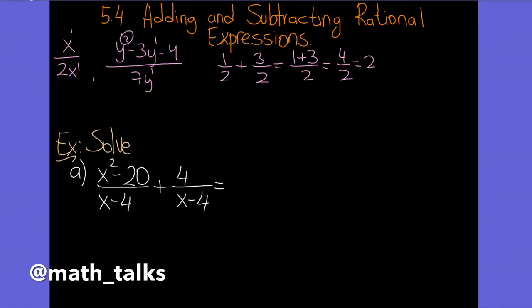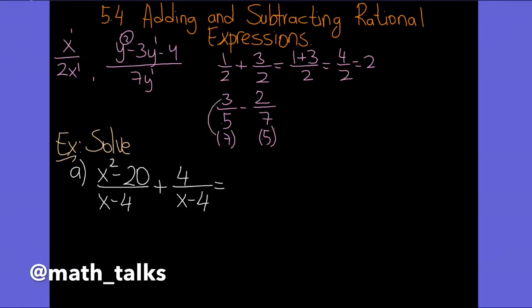The result will be 2. If there was 3 over 5 minus 2 over 7, the denominators are not the same. How can we make them the same? By multiplying the first rational expression by 7 and the second one by 5.